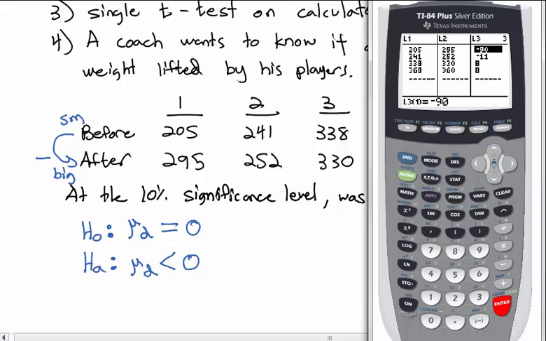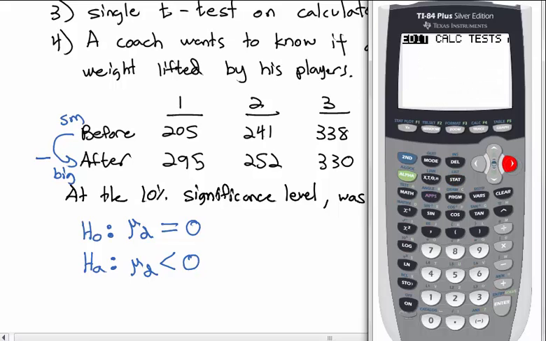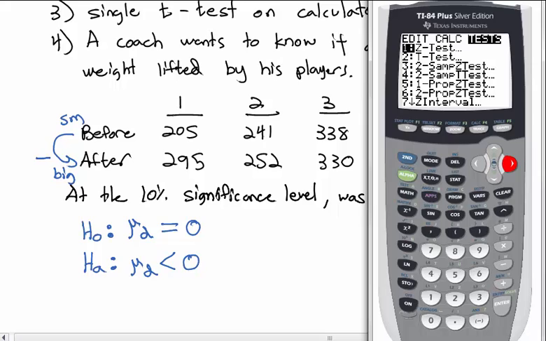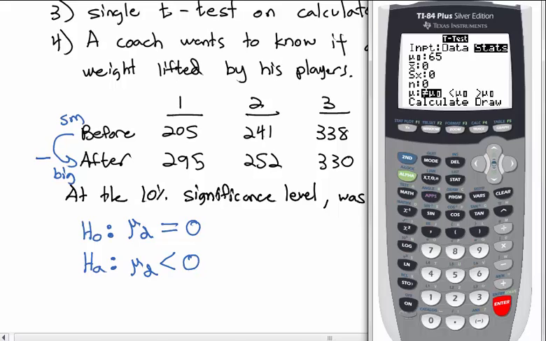Now we're ready to actually run our t-test, and the calculator makes this really easy to do. How we're going to do this is, again, hit Stats, go over to Test, and this time we're going to do a one-sample t-test. The one-sample t-test because we're only looking at the difference, not the two samples, but just the difference. And instead of entering in the stats, we're going to tell the calculator to use the data.